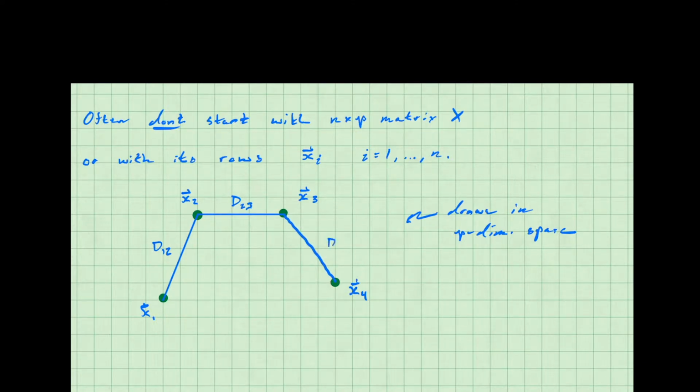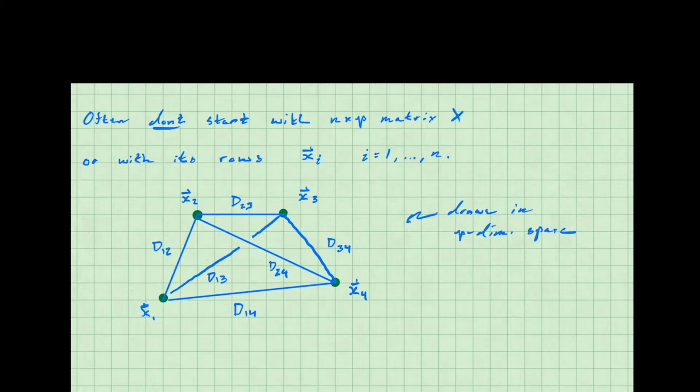Can't get that one straight for some reason. That's D14. And then the diagonal ones. So this goes between 2 and 4. Where can I fit that? D24. And this is D13.